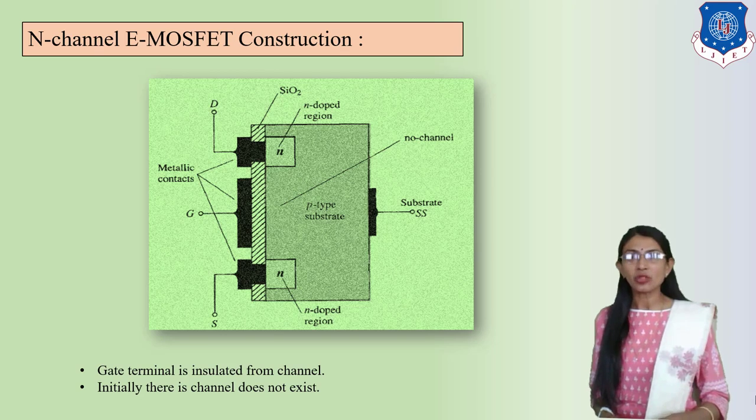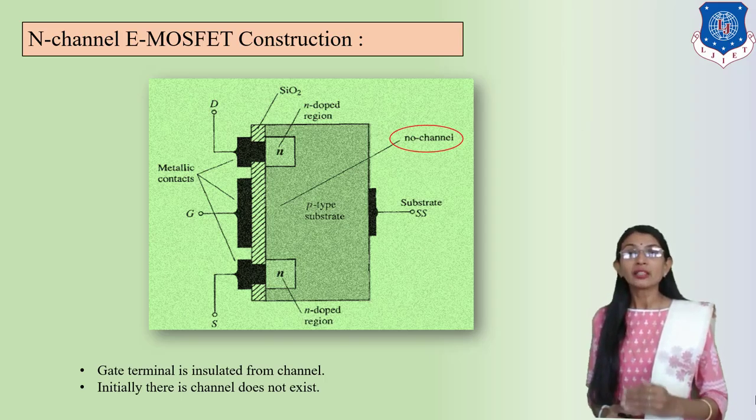This P-type substrate will have the P-type material and two heavily doped N regions. That will be the N doped region. So we will have this type of construction in which there is no channel. Initially for E-MOSFET the important thing is that there is no channel. The channel will be enhanced later on.